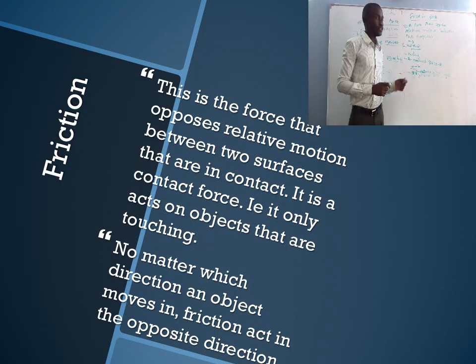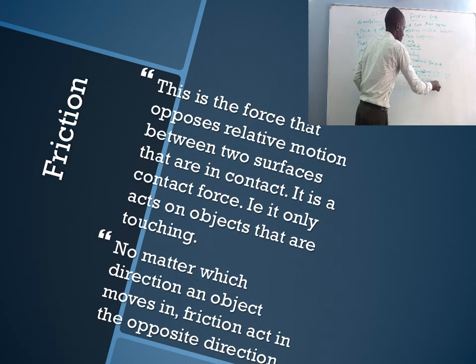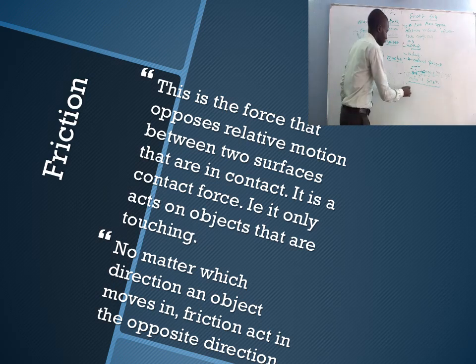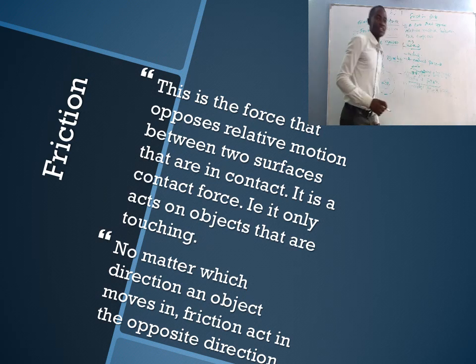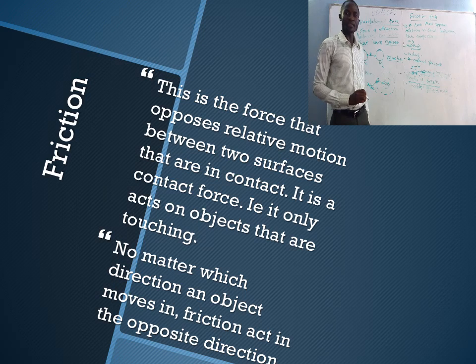Now, something that you also need to know about friction force is that it has got merits and demerits. The merits of friction. It has got a number of advantages. For example, one, it enables us to write. Without friction, we will not be able to write using your pen.